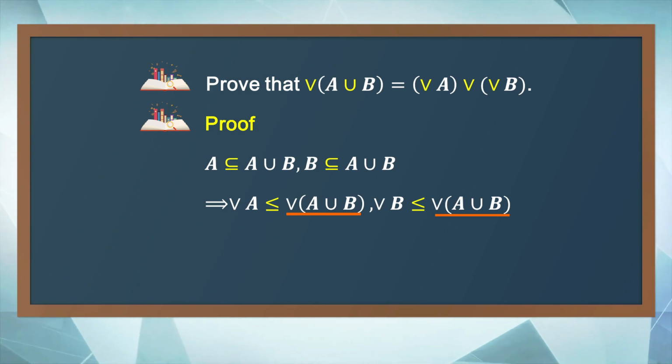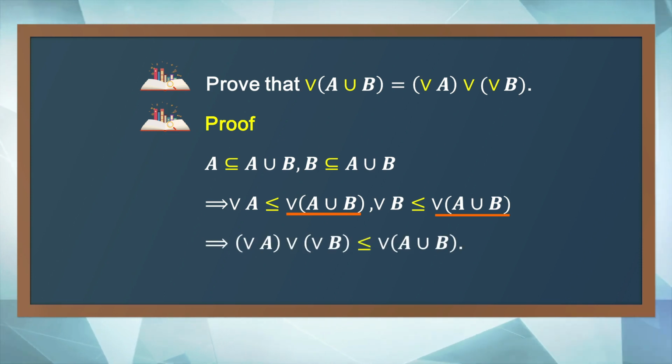So the supremum of the union of A and B is an upper bound of the two supremums. Therefore, we have the maximum of the two supremums is less than or equal to the supremum of the union.